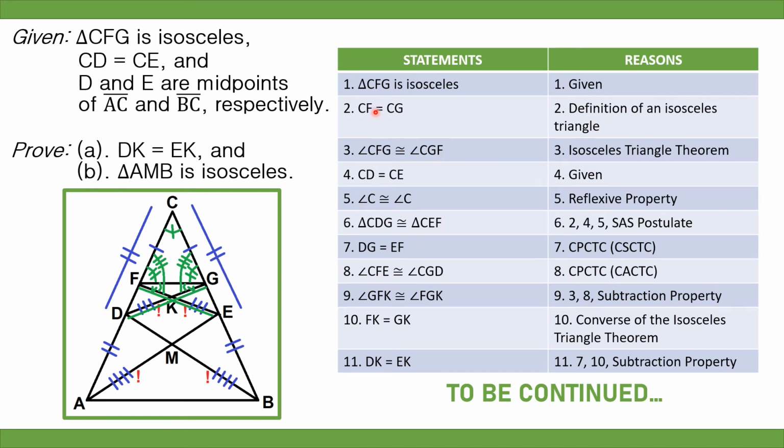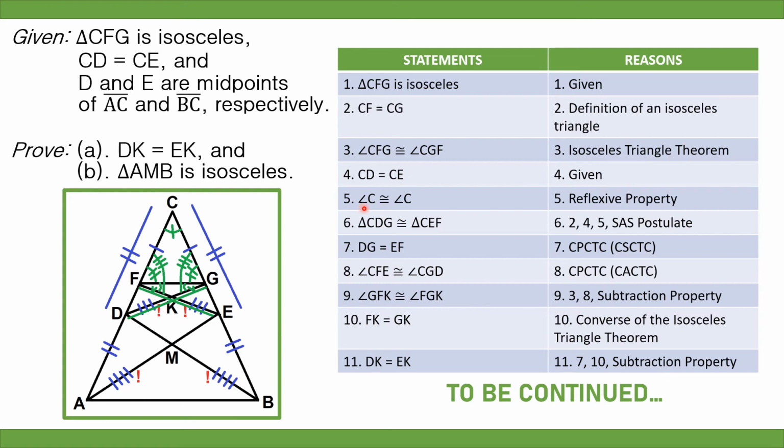Another consequence for number 2 is statement 3. Angle CFG is congruent to angle CGF by isosceles triangle theorem. Now, CD and CE are given to be equal. Statement 5.